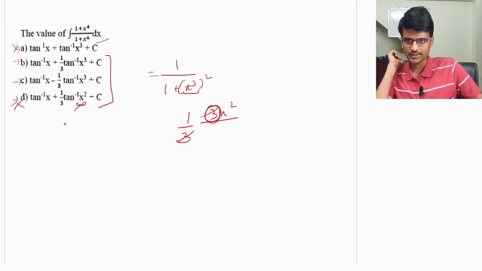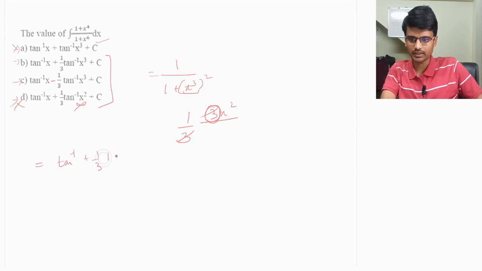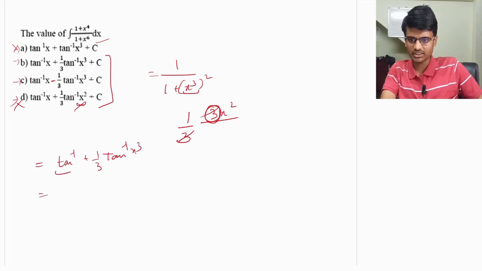Let me take option B and check what I get. Tan inverse x plus 1 by 3 tan inverse of x cube. Differentiating tan inverse x, I get 1 by 1 plus x square, plus 1 by 3 times the differentiation of tan inverse of x cube, which is 1 by 1 plus x cube whole square.